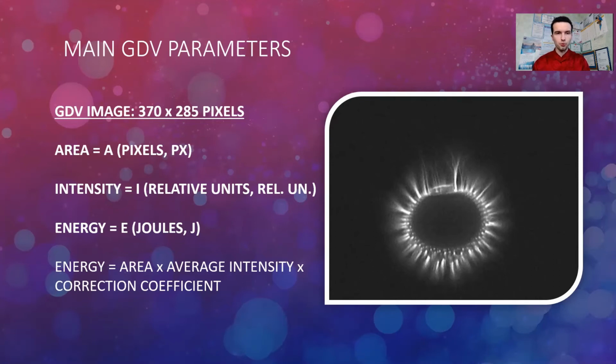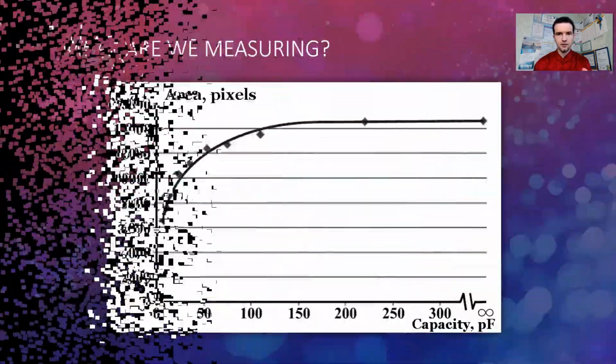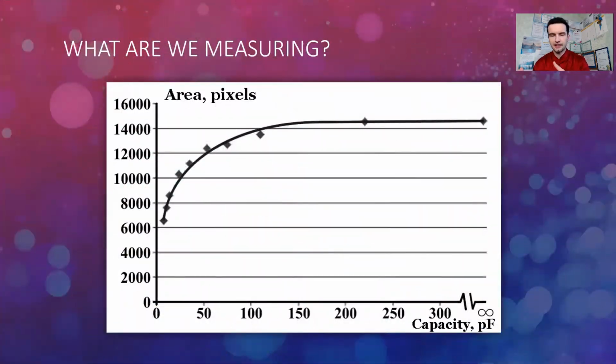So what are we actually measuring? It means that we are measuring the absorbed energy of light. But why do we get more light or less light from the object placed on the glass electrode of the biowell device or any other GDV device?